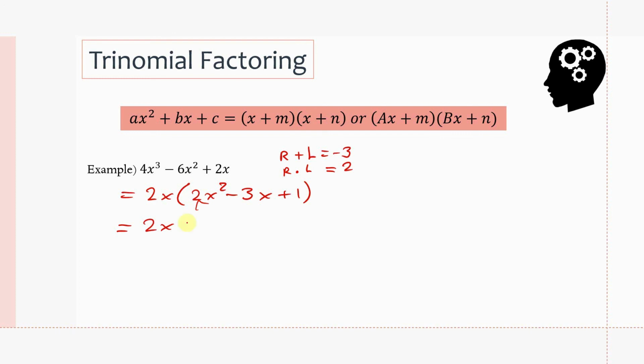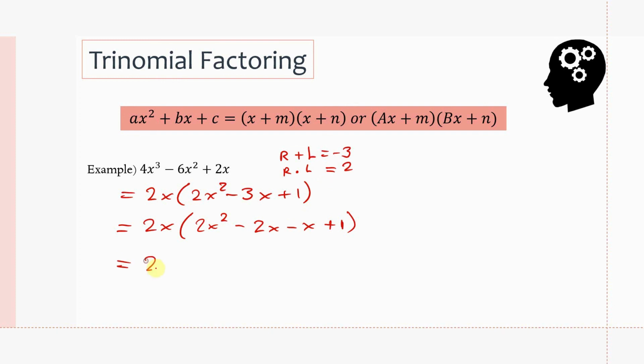Well, remember we're going to put 2x squared in the form of plus rx plus lx, right? So the numbers that you need to get are negative 2x and negative x, plus 1. Because negative 2 plus negative 1 will give you negative 3, and negative 2 times negative 1 will give you 2, right?